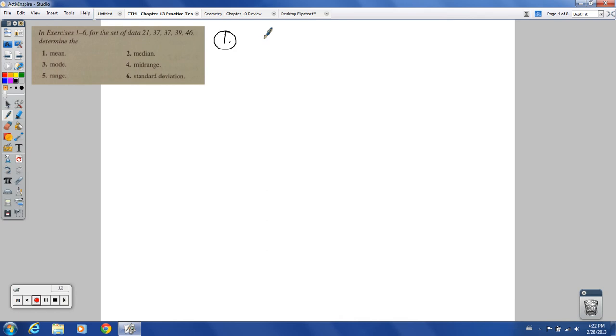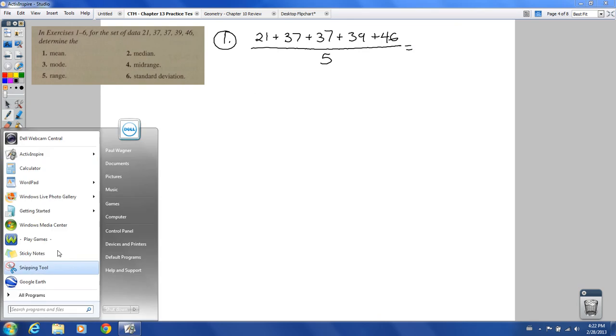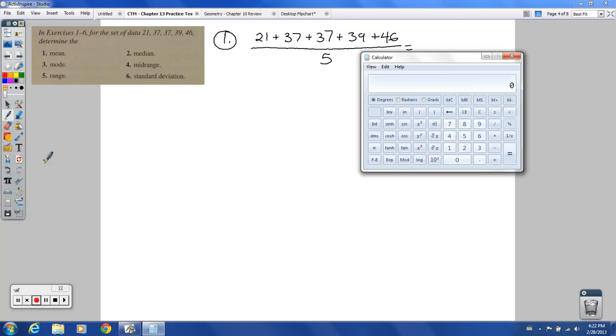Number 1, the mean. We're going to add them all up and divide by how many numbers there are. So I'll get out my trusty calculator here on the computer and do that. I could probably do that mentally too, but I just think it's going to be a little bit faster to do this on the calculator.